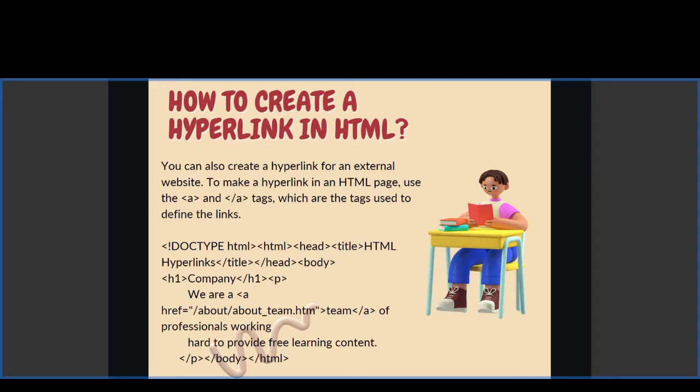Yeah. How do we create a hyperlink in HTML? Okay. So a hyperlink is primarily a very common functionality when we try to navigate from one page to another page. So we create hyperlinks, or it may not actually be another page. It may be on the same page in some other section.